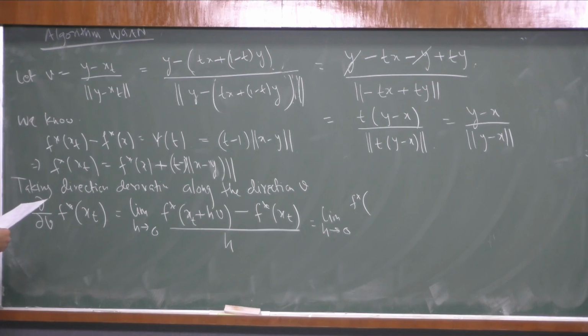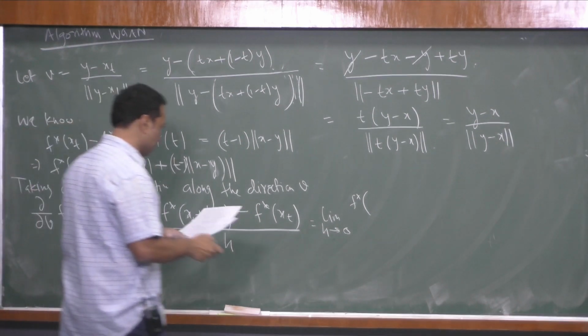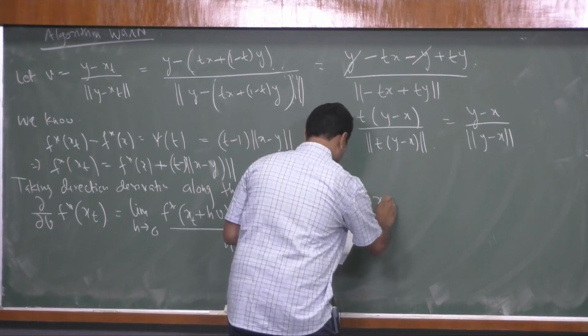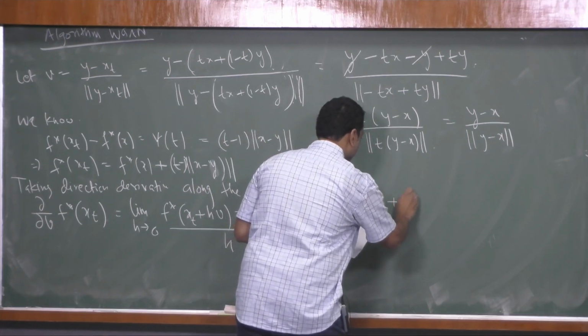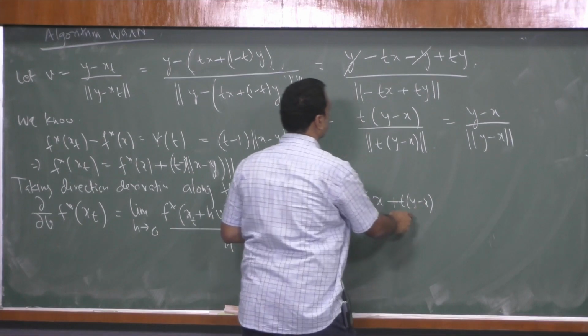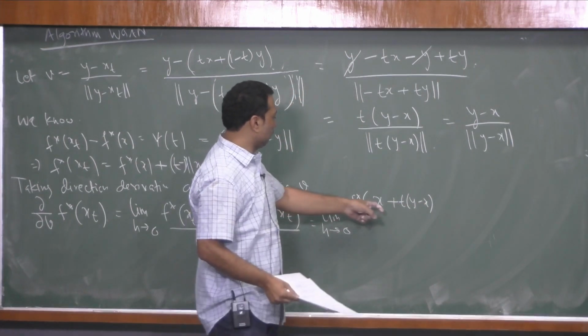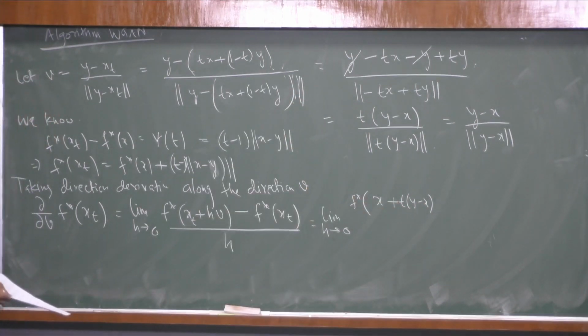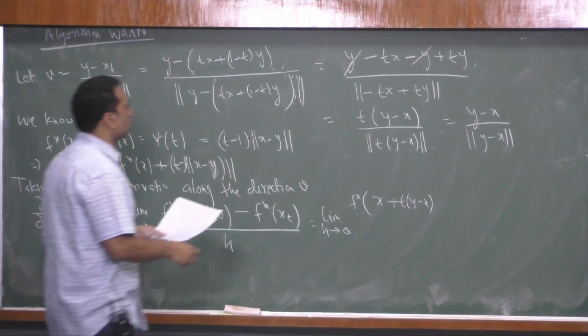Xt I just expand. Basically, that's the first step. So xt, if I expand, then this is x plus t y minus x. Okay, tx plus 1 minus ty. Is this correct or not?